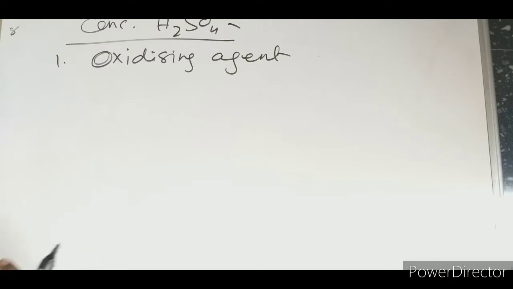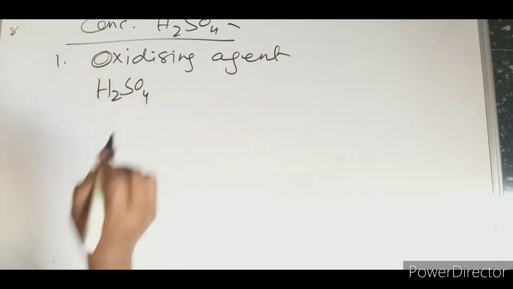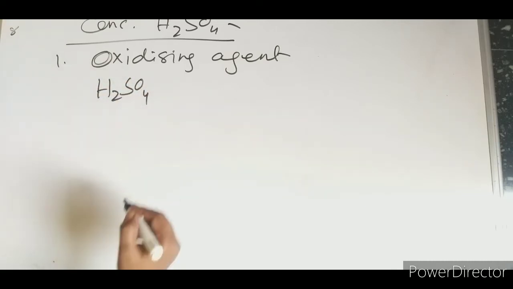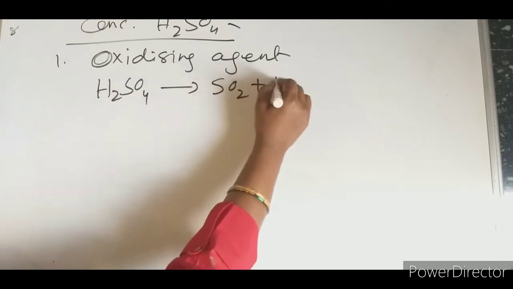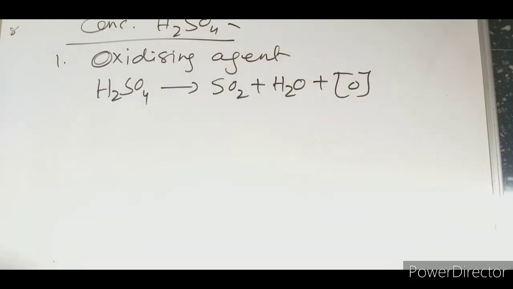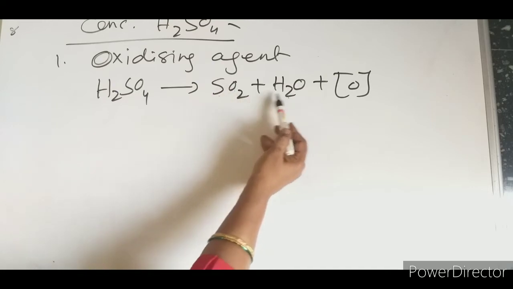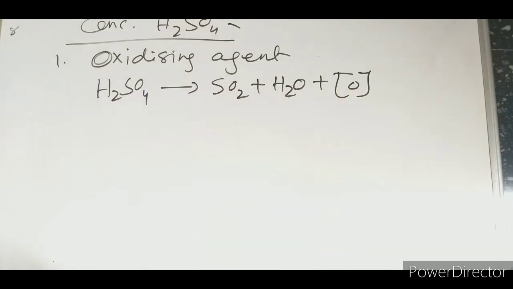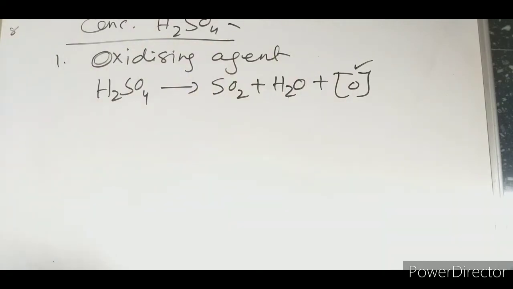When H2SO4 decomposes, it gives rise to sulfur dioxide, water, along with nascent oxygen. H2SO4 has 1, 2, 3, 4 oxygens, giving nascent oxygen. This nascent oxygen will help somebody else to oxidize.